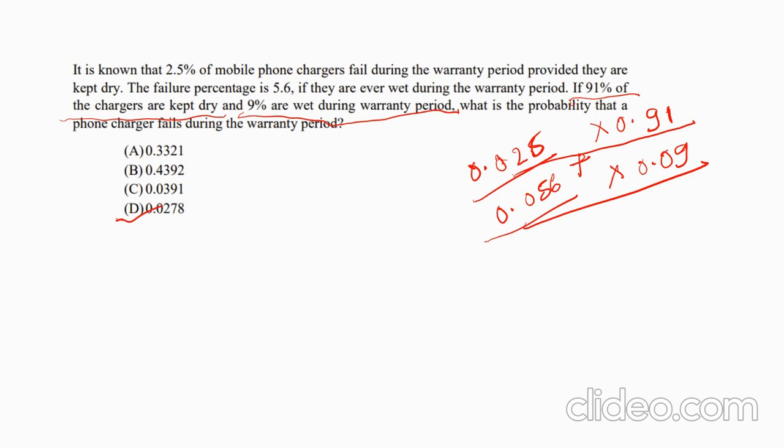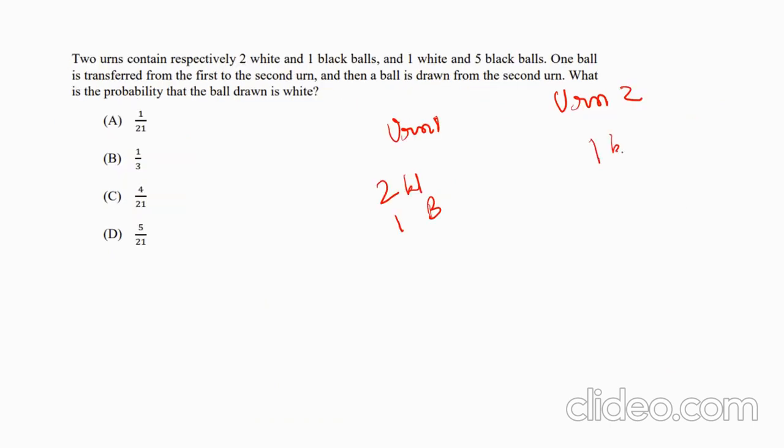In urn 2 we have one white and five black. Now one ball is transferred from the first urn to the second urn, and then we draw a ball from the second urn. We want to find the probability that the ball is white.